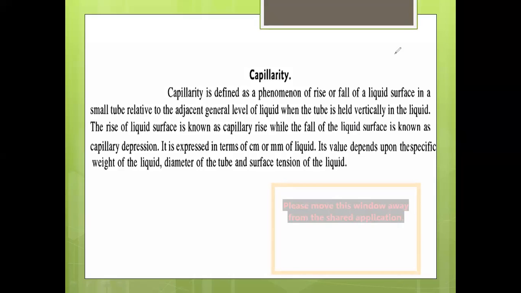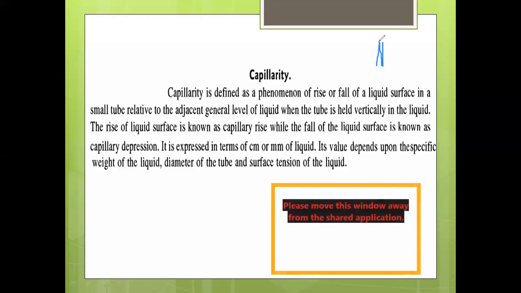Capillarity is nothing but, as she has rightly told, the rise or fall of the liquid inside a small diameter tube.